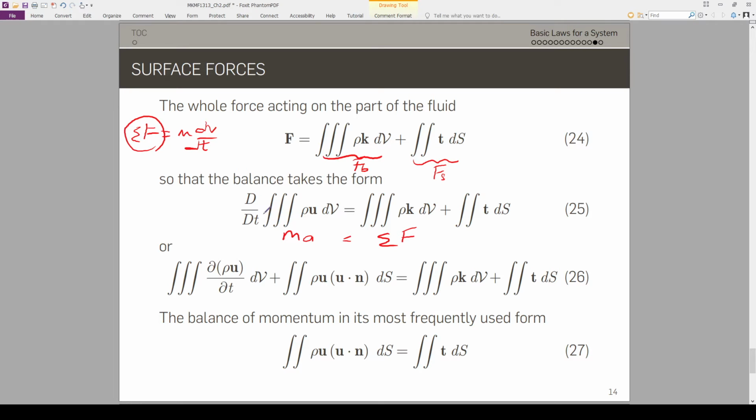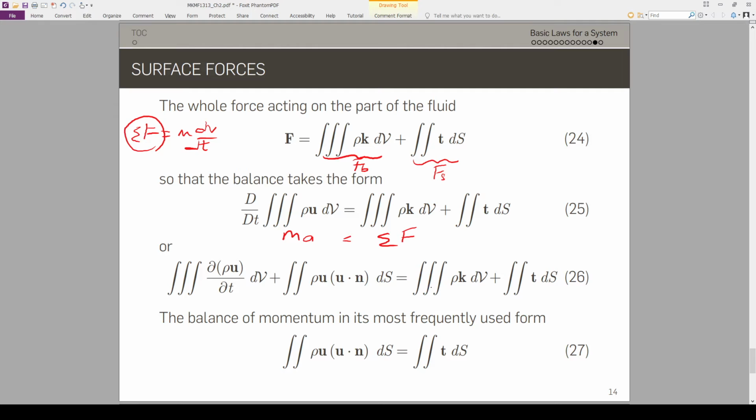If we further work on this equation number 25, then we can rewrite the similar equation in another form, as represented by equation number 26, where the conservation of momentum can also be written as the volume integral of del rho u over dt, plus the surface integral of rho u un dS.